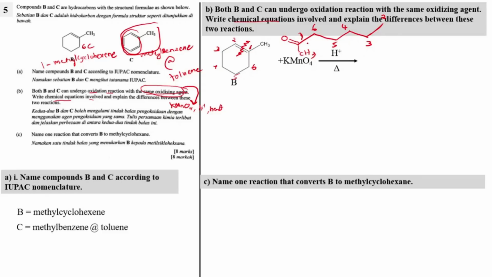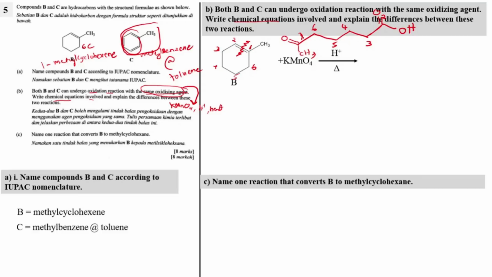Okay, so 6, 5, 4, 3, and the number 2 here will be at the end, in which the double bond region here will become double bond O, and then going to become OH here.